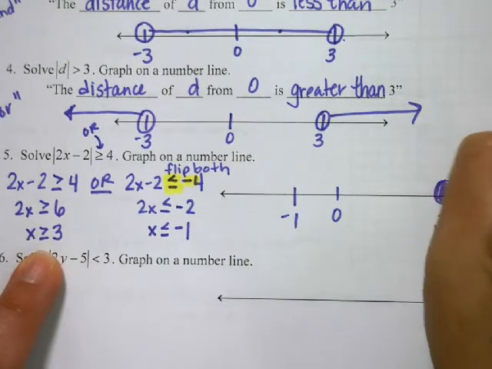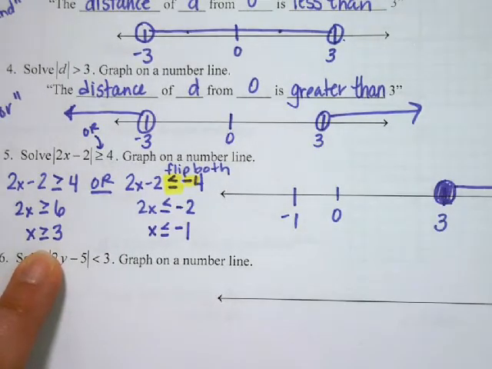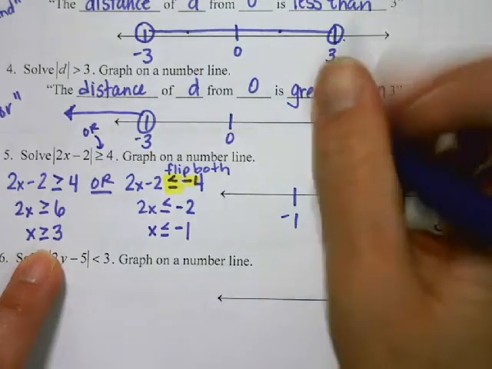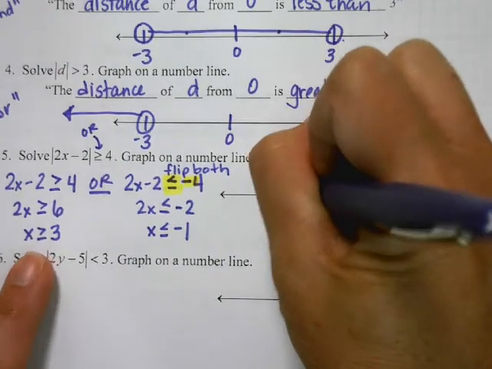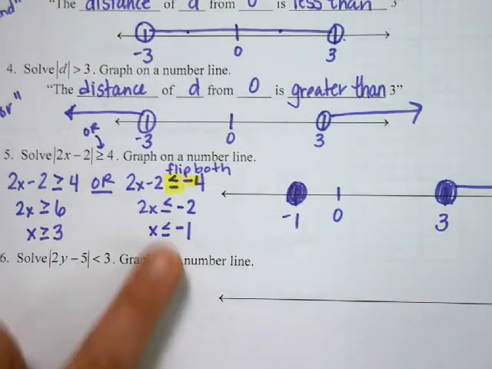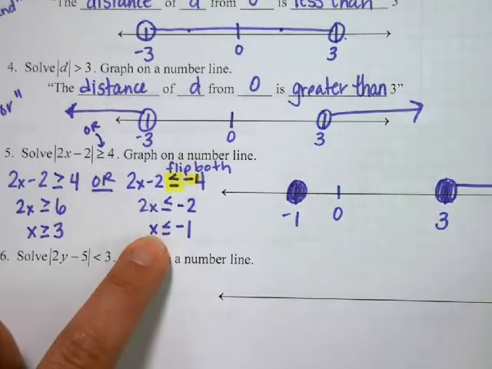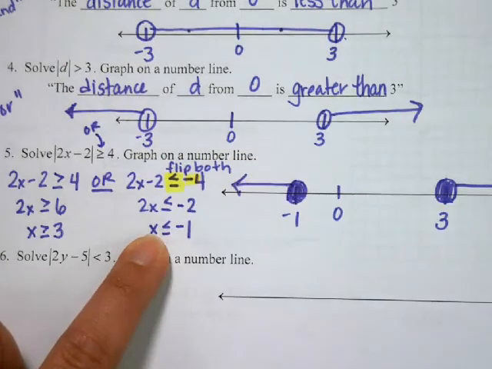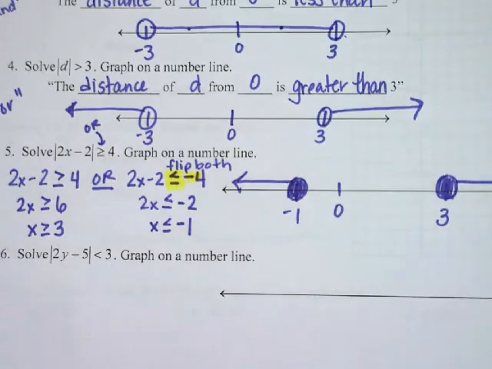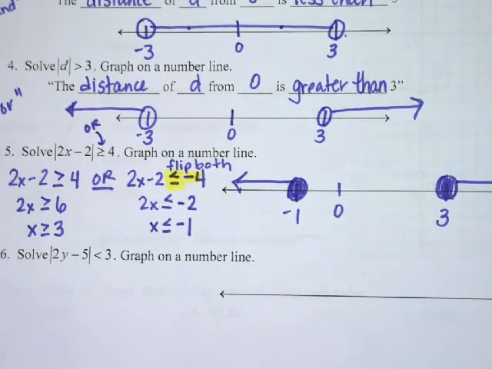I want things that are bigger than 3, so he's going to the right. I have a closed dot on negative 1. And I want things that are smaller than negative 1, so he's going to the left. Did we end up with an OR? Yeah, we certainly did.